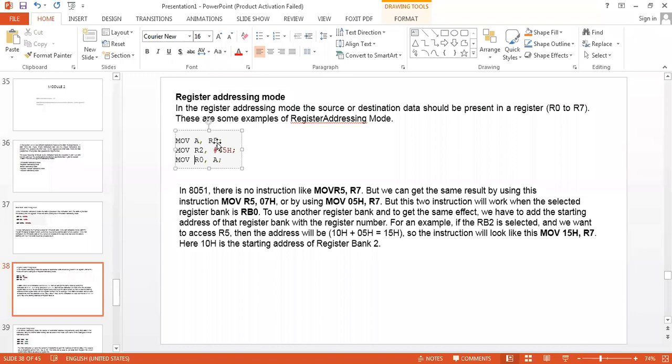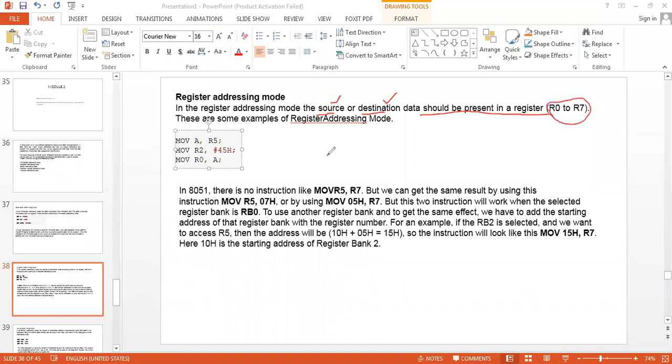So what is this register addressing mode? Always, either the source or the destination data should be present in one of the registers, in R0 to R7.